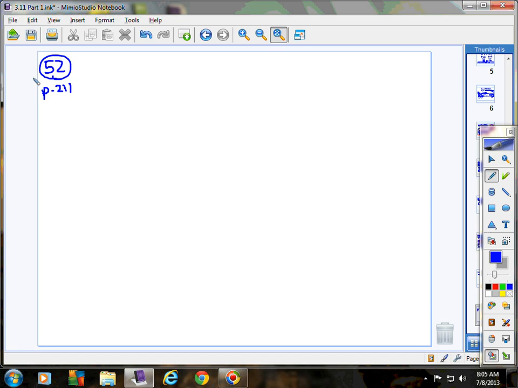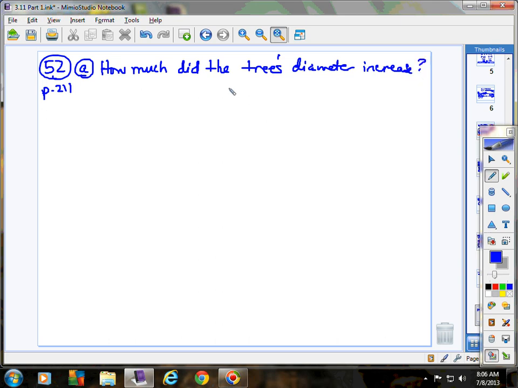B, the tree's cross-section area. Going to have to label all of our values, aren't we?